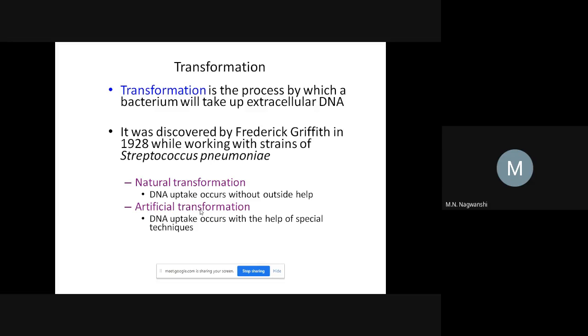Whereas in artificial transformation, the DNA uptake occurs with the help of a special technique, that is sometimes agitation of the plate, shaking of the plate, or passing a slight current in the culture medium, even addition of some salts.